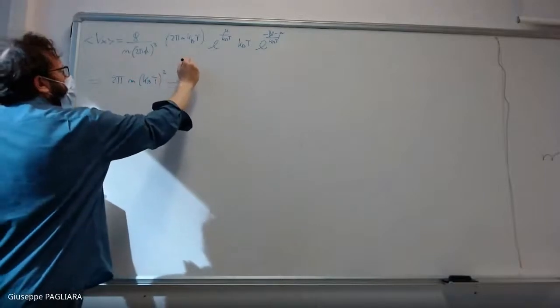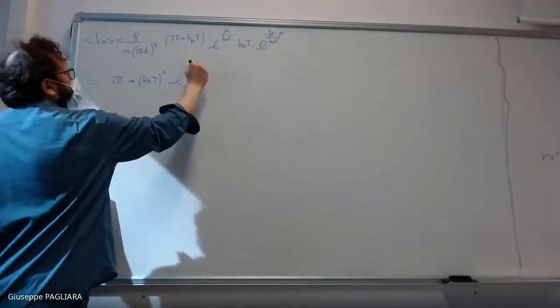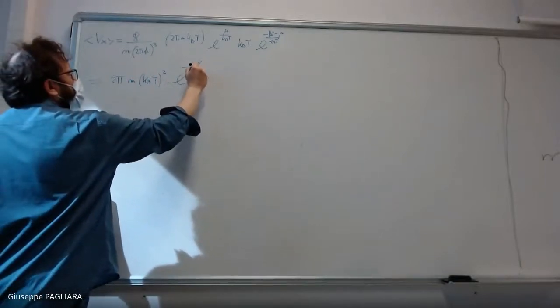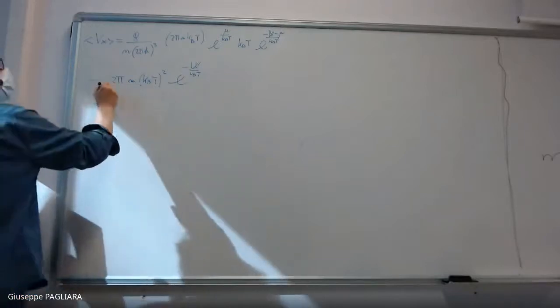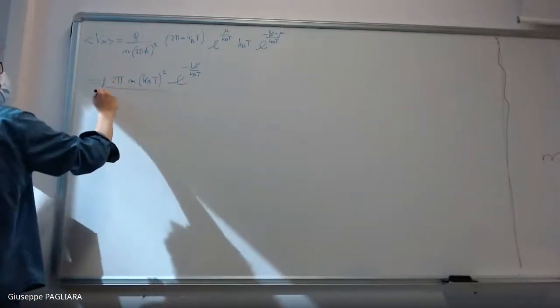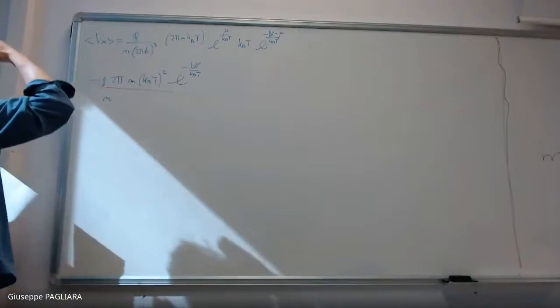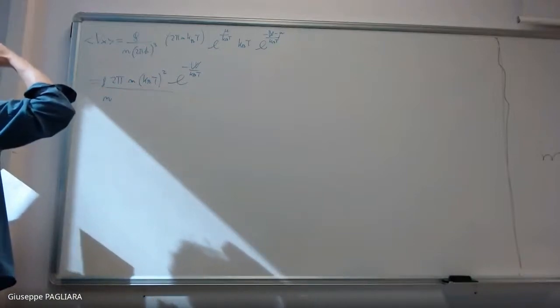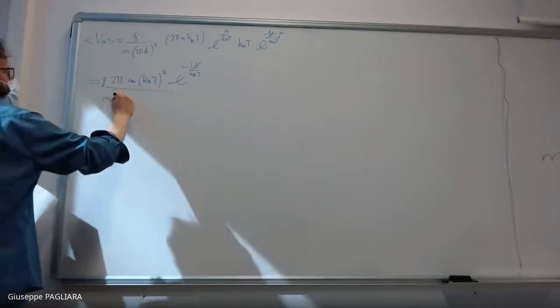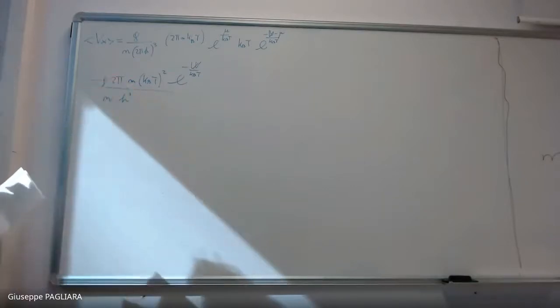Then I have the exponential of minus w divided by kbt. And here I have a g, n, and h bar is the constant h divided by 2 pi, so this is just cubed. Maybe it's better to leave it like this.